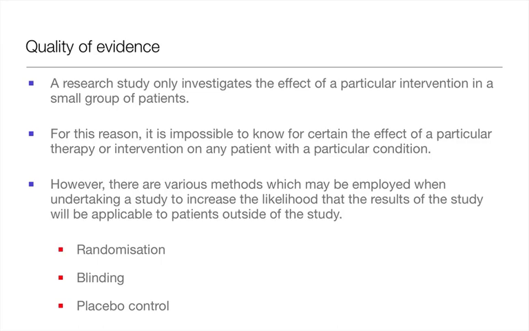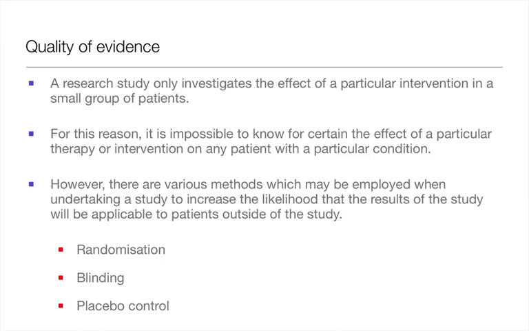However, there are various methods which can be used when undertaking clinical research to try and increase the chance that the results of your research within the research population you're looking at will be applicable to patients outside of the study. In other words, the patients in the total population. There's a few concepts here which are used in clinical trials in order to increase the validity of the results.